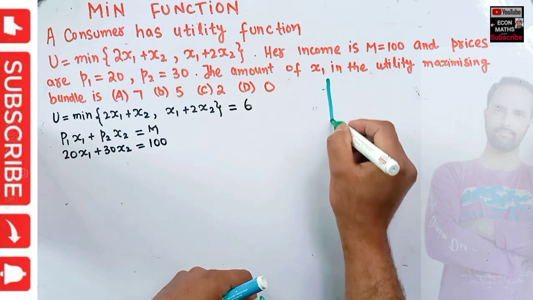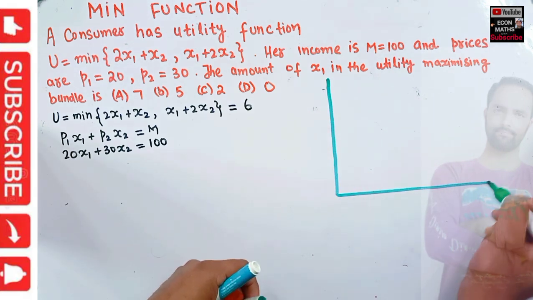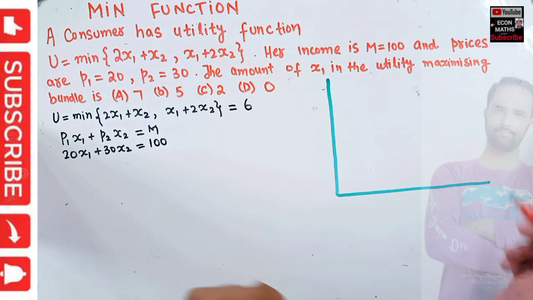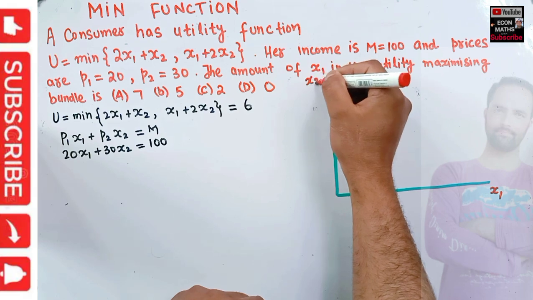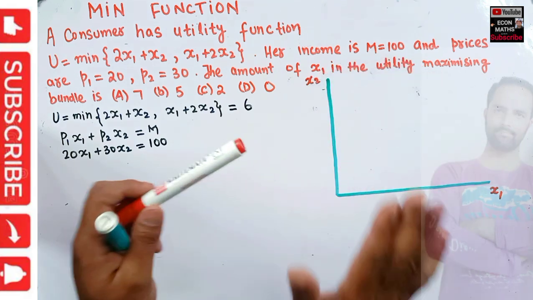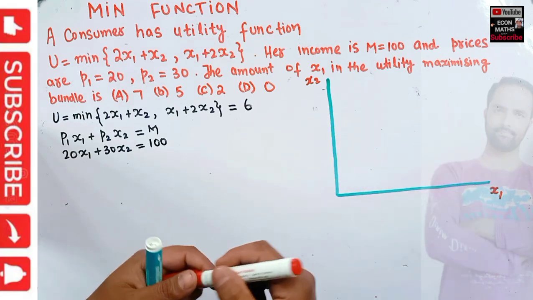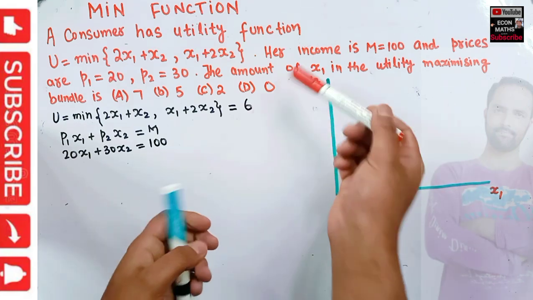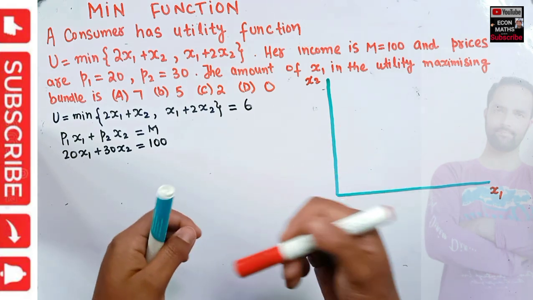Then our task is to plot this minimum function on the x1 x2 space. So let's first draw the graph also. Let us say this is our graph. We have units of x1 on this axis and x2 on this axis. First we will try to draw the indifference curve, and then we will see the optimal quantity of x1 that our consumer will be consuming.